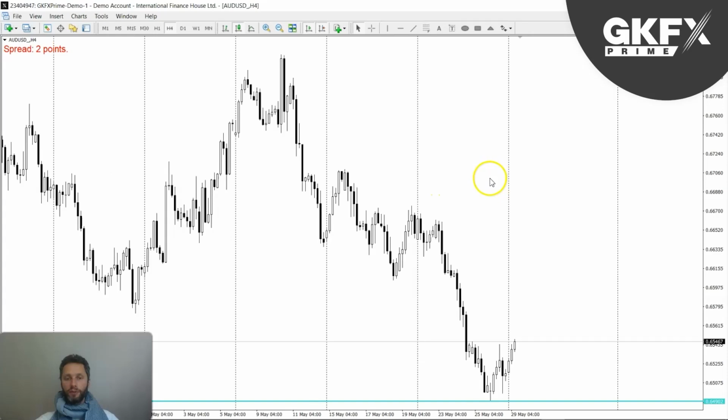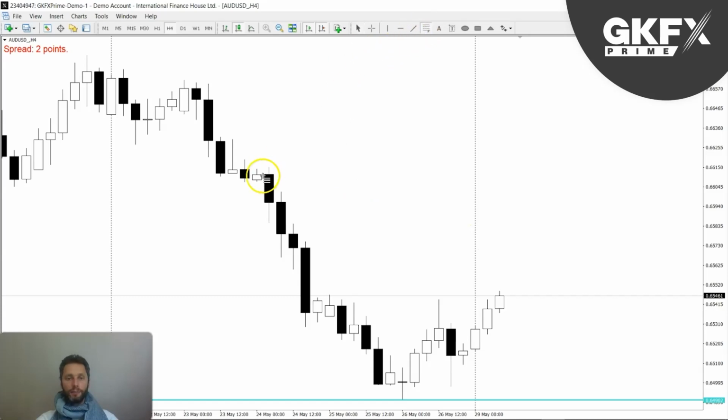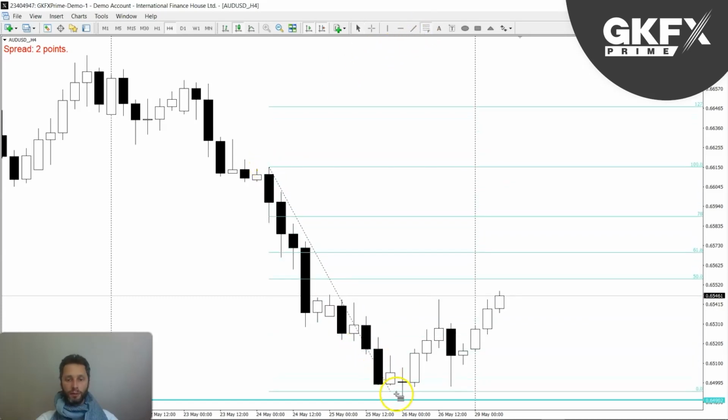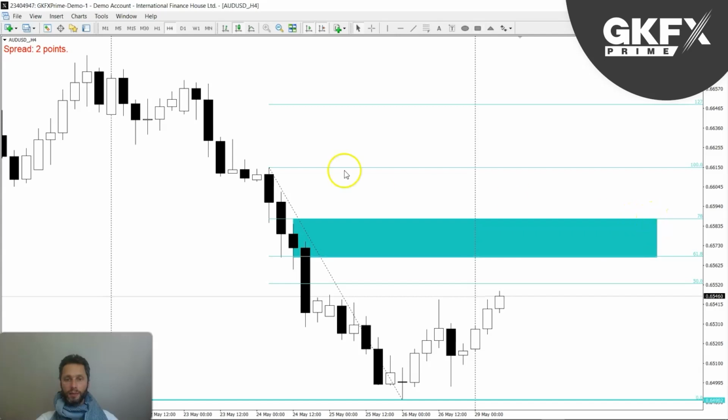Let's go to the lower time frame. So here we are. Let's take the last obvious swing here to look out for an entry. And here we've got the 61.8 and 78.